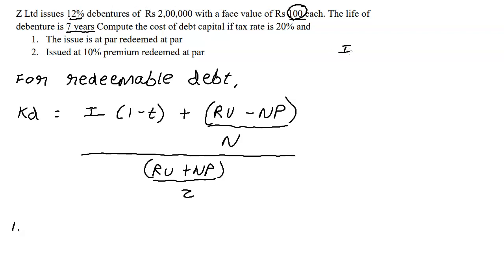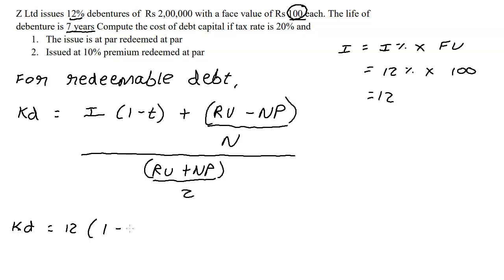Interest is always going to be equal to interest rate into face value. So it's going to be 12% into 100, which will give you 12. So KD is equal to 12, open bracket, 1 minus T. Tax rate is 20%. I'm going to write it as it is, 20%.